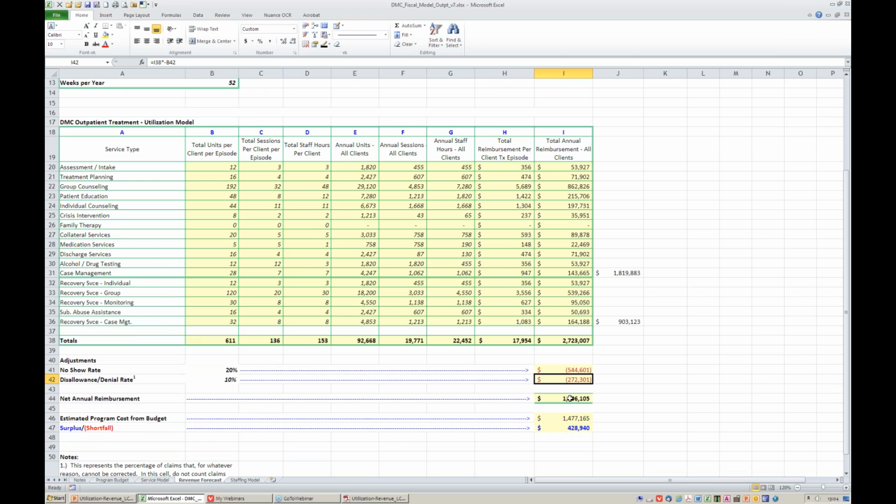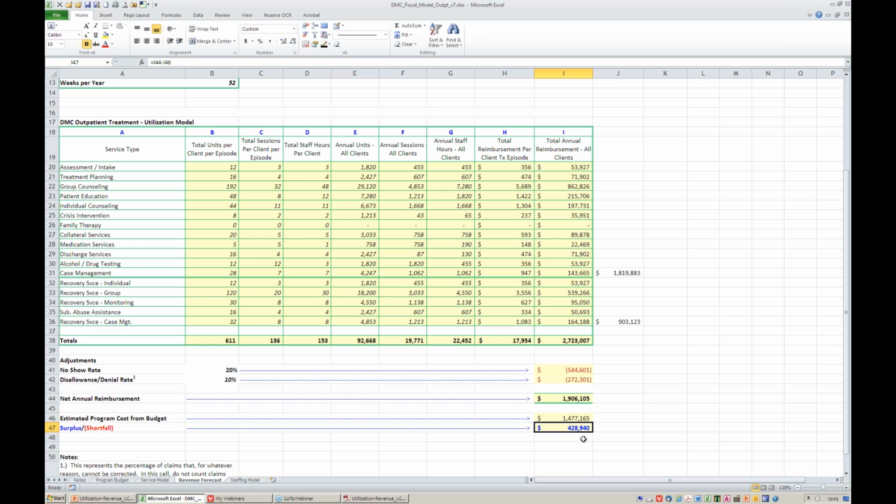Anyway, what your net is, is $1.9 million. I would certainly be working on that if I was an ED. We go back to the budget. Remember the $1.47 million, and we still land up to the good. So you've got a surplus of $428,940.